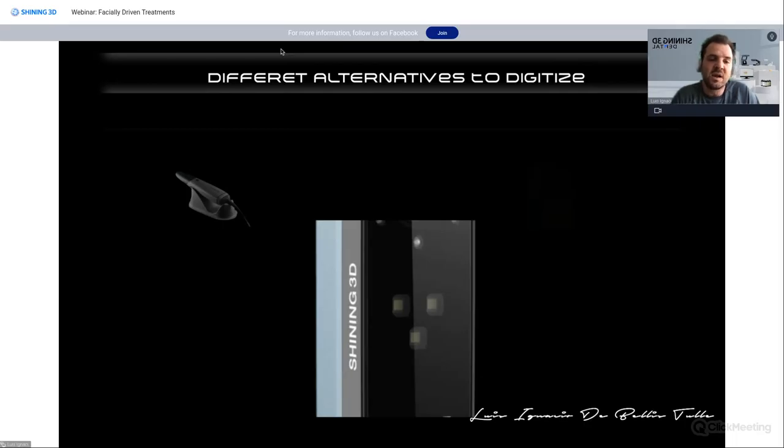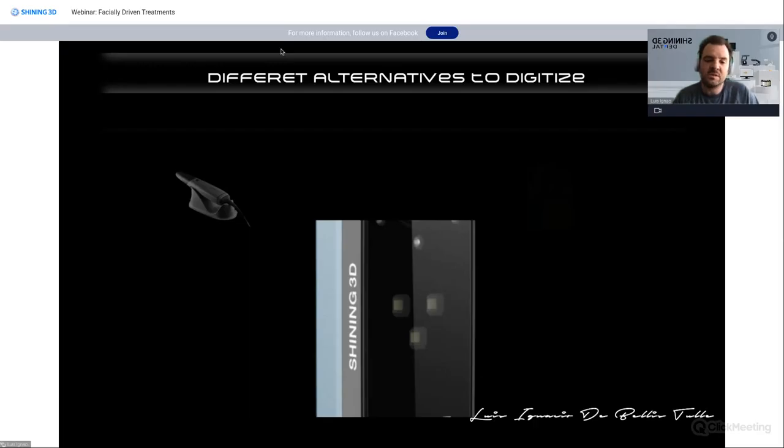So facial scanners are out there. You can search in Google. You will see that there are different brands offering different kinds of facial scanners, and there are other brands that are not strictly for dental use or facial scanning. There are toy scanners that might help you improve, and they are going to help you start your learning curve.